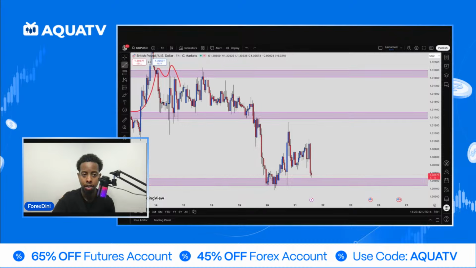So essentially, what has to happen is pound USD has to respect this current support that it's approaching. Okay, if we get a close below this level, 1.30439, then it's likely we're going to see further downside for pound USD.